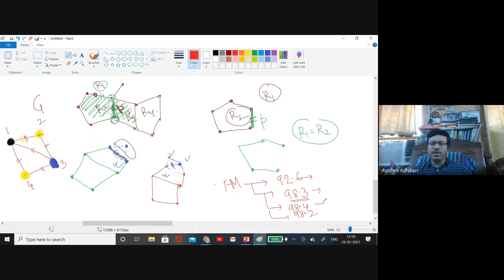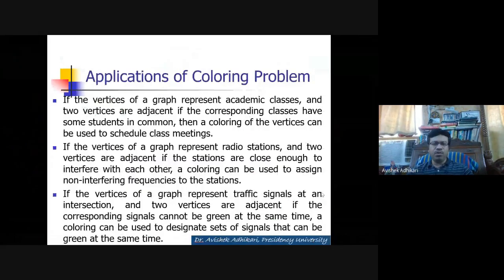Then you will understand that if these frequencies are very close or nearby, then it will be very difficult to adjust them. That means if you are just going for 98.4, then suddenly it may go either to 98.3 or 98.2. If they are three distinct FM radio stations, then it would be very difficult for you to adjust the radio station. That's why the frequencies should be a little far off. Here also, in this assignment problem, graph coloring is playing an important role.